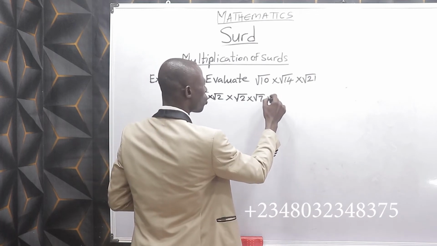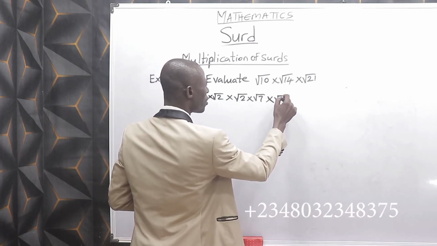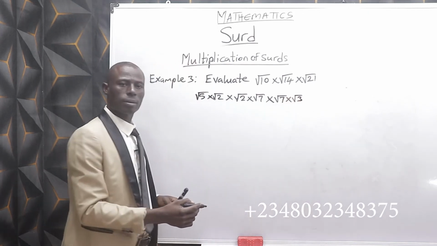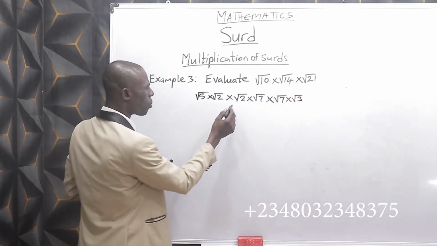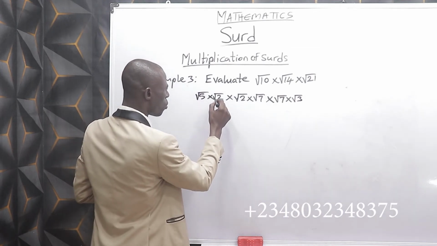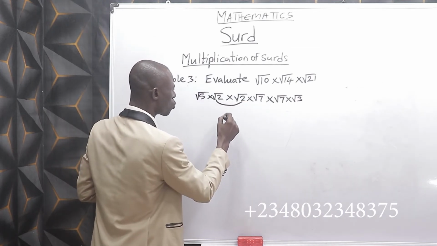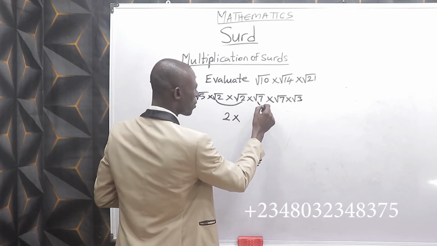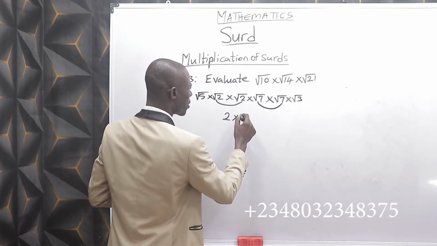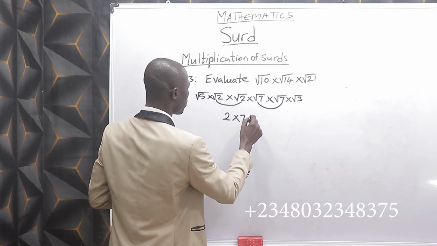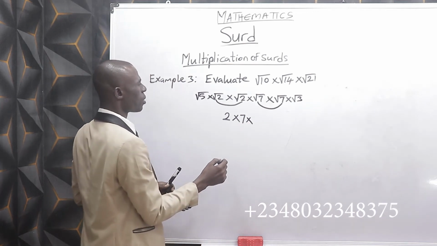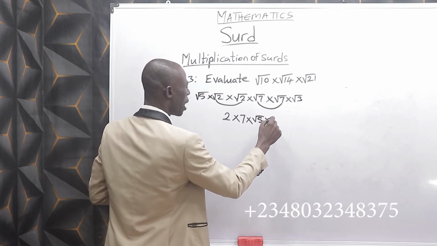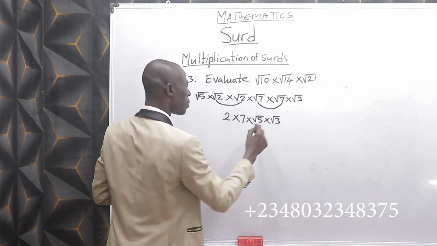Break 21 into root 7 times root 3. You can see now that root 2 times root 2 will give us 2, times root 7 times root 7 gives us 7, times root 5 times root 3.